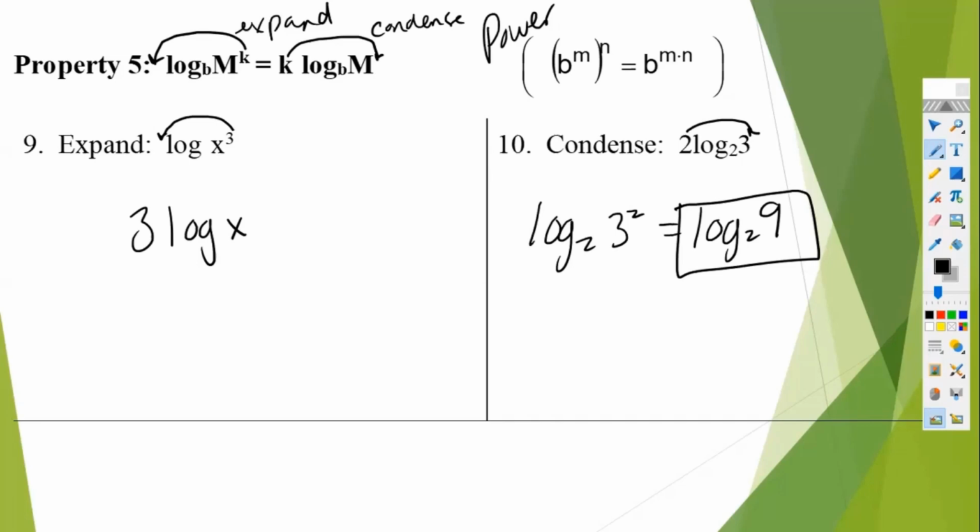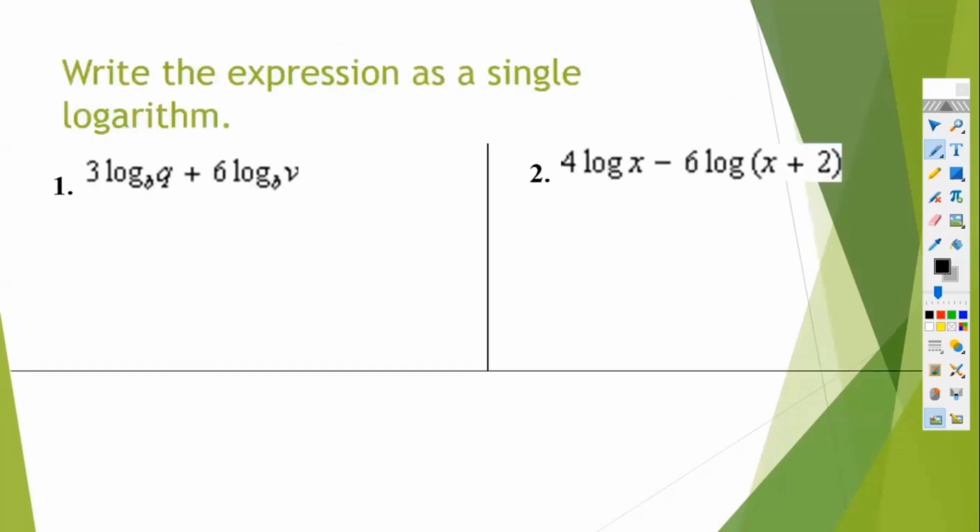You're going to always choose the most simplified. Good question. All right, let's put them all together. When you are trying to get condensed as much as you can, there are 3 steps you're going to follow. Step 1 is you're going to use property 5 first, always.